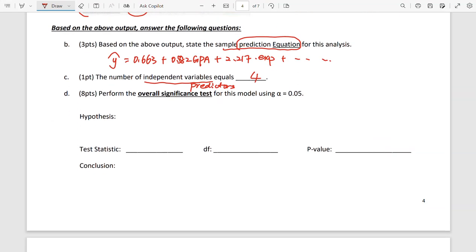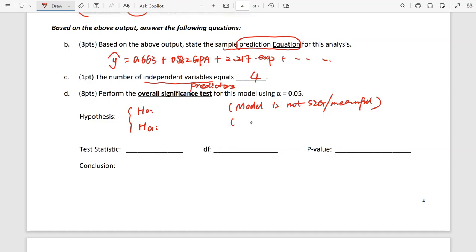All right, the next one: perform the overall significance test for this model. That means we want to test whether the whole model is significant or not. So in this case, what is the null hypothesis, and what is the alternative hypothesis? We say the null hypothesis should be that the model is not significant, or not meaningful.